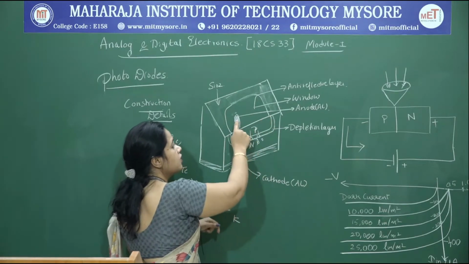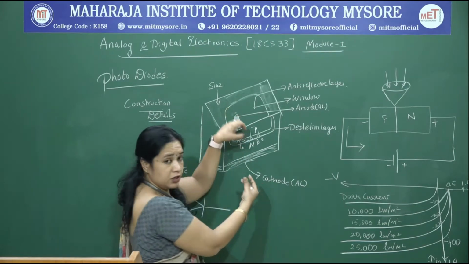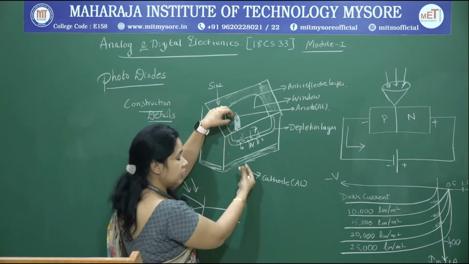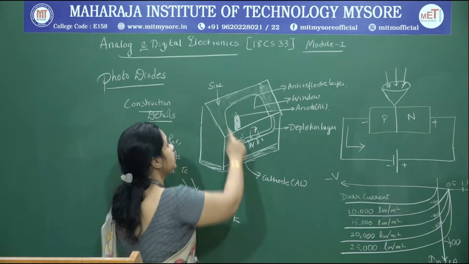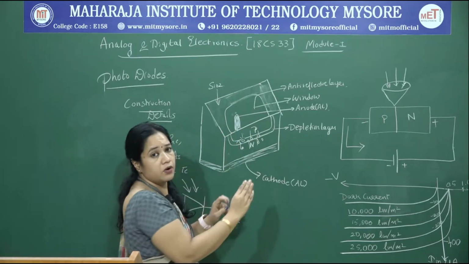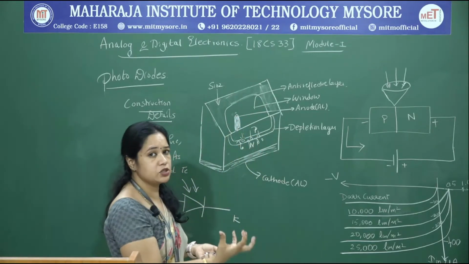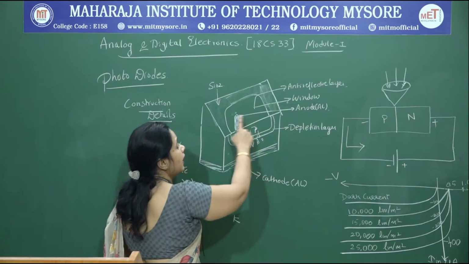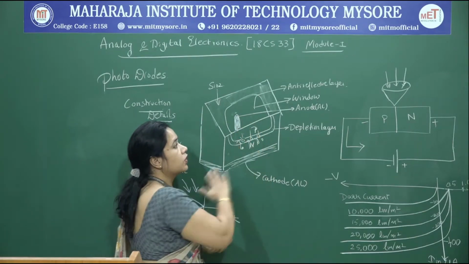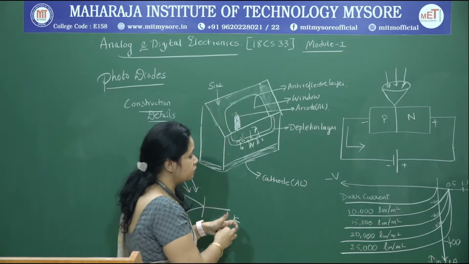We have terminals, metal contacts made of aluminum, at either end to make external connections, and we have a silicon dioxide coating on the top, and also a window to allow light to fall onto the PN junction, coated with an anti-reflective layer to allow maximum absorption.